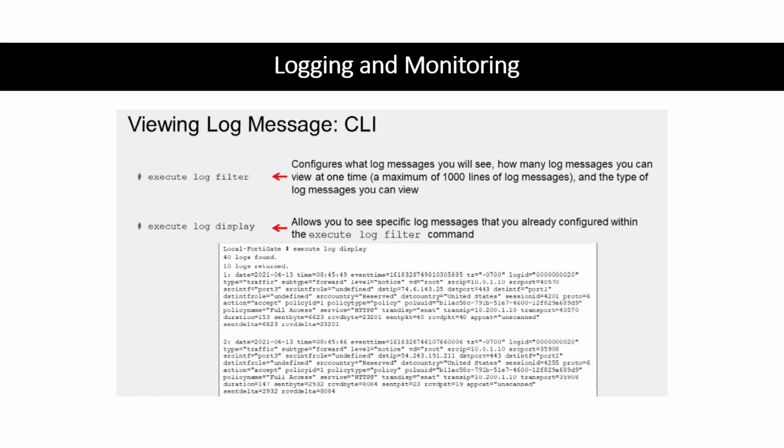The FortiGate will parse it for her, but she'll need to parse it herself with her human eyes. Execute log display: if you don't care about filtering, you can just see all the logs and specify as much as you want.